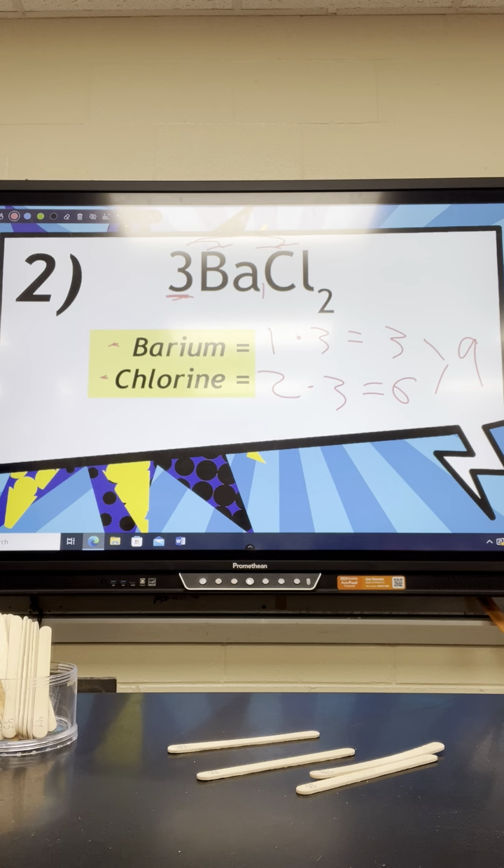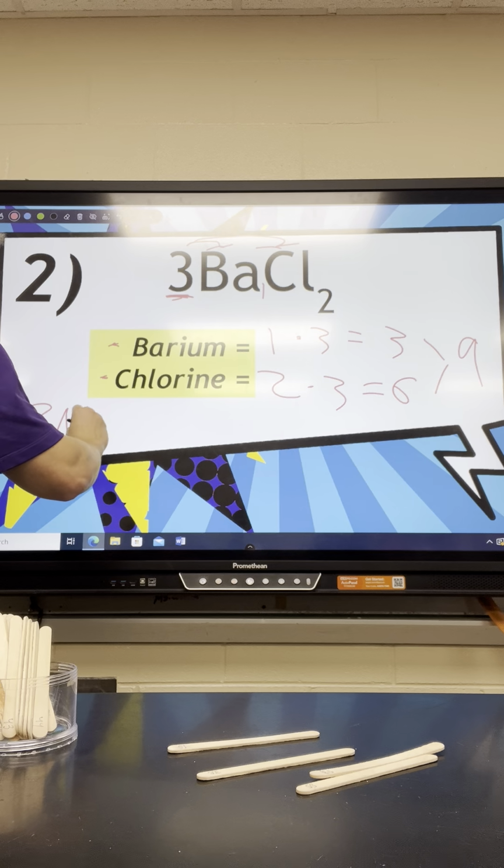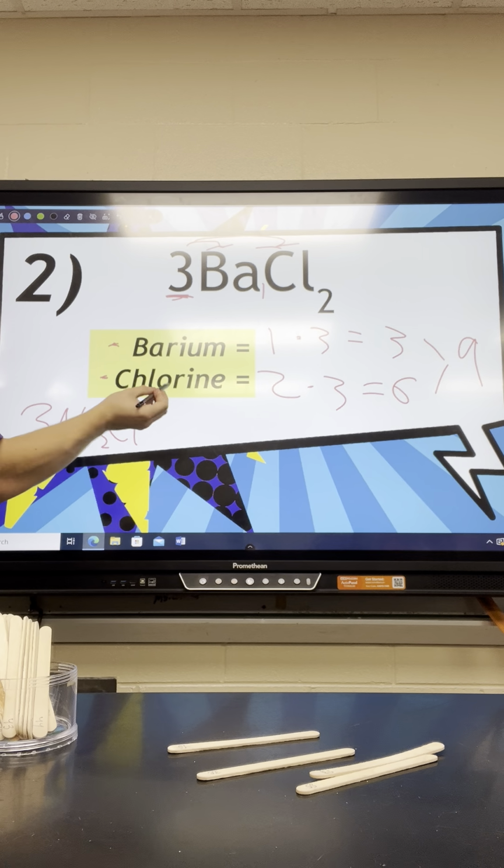So the big number, you multiply that number by the ones to the right. If you see a big number in front of anything, you distribute it to all of them. So that would become 3 times 2 equals 6, 3 times 1 equals 3.